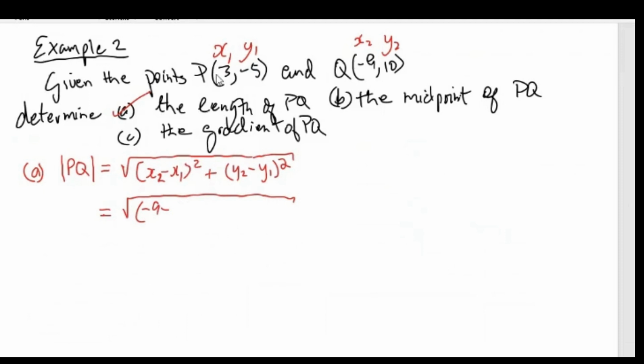X1 is 3. Close it, and what do I put at the top here? Square, then a plus sign. What do I put inside? Y2 is what? 10 minus, what's Y1? Y1 is -5. Notice the difference. This minus comes from the formula, but the -5, we want to input that in the formula as well. So it's 10 minus -5.